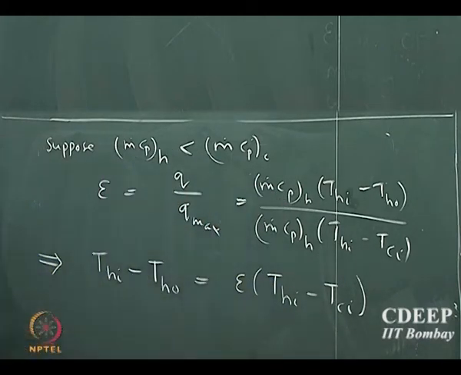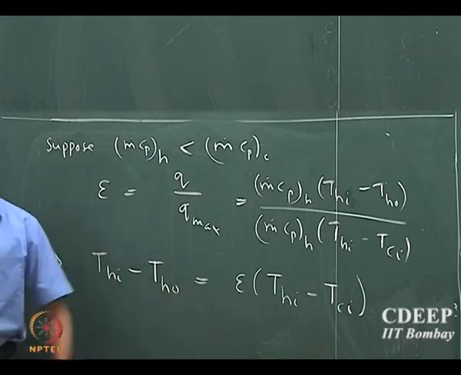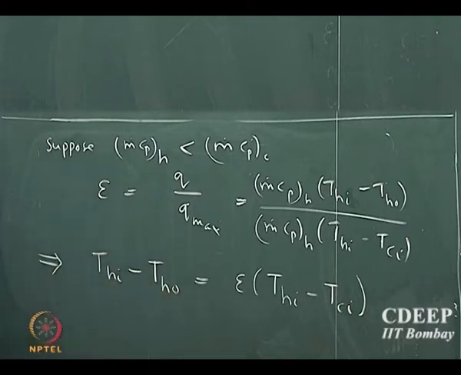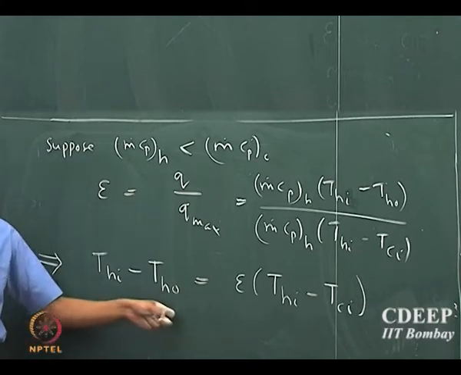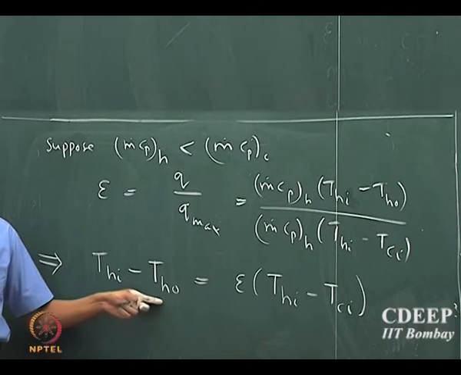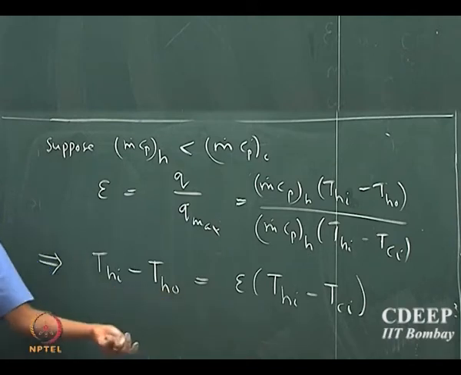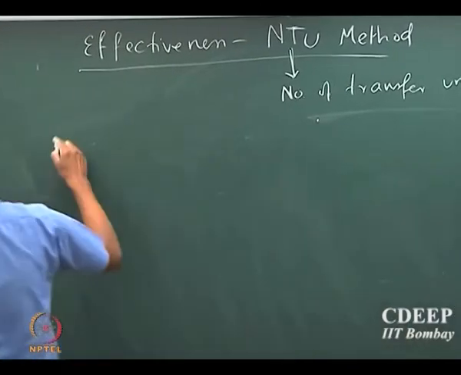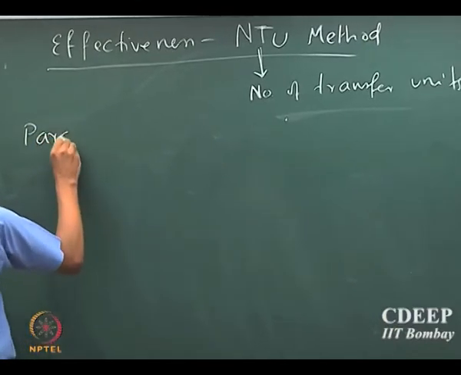What it simply means is that we need to know only the efficiency of the heat exchanger. If we know the efficiency of the heat exchanger, then we are able to independently estimate the outlet temperature of the hot fluid based on the inlet temperature. So, let us take the case of a parallel flow.